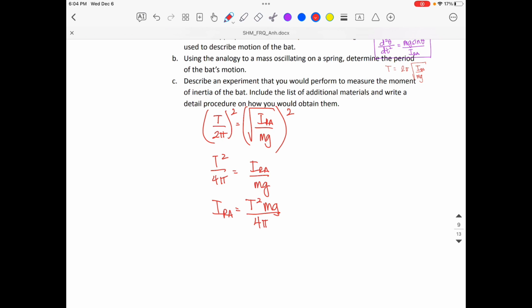So from there, I need to figure out what variables I need. I need the period, and I need the mass. Gravity and 4 pi are all constants, so obviously the first thing I'm going to do is to use a scale to measure the mass of the bat.